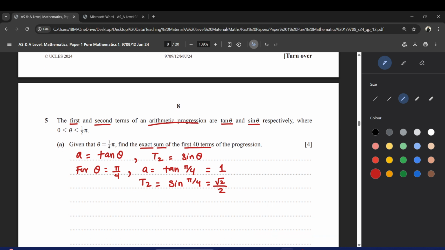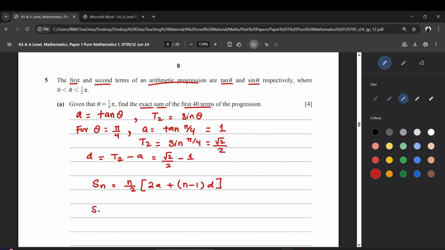Now in order to find the sum, we also need to find one more element in this formula, which is the common difference. So the common difference will be the second term minus the first term, so it would be root 2 upon 2 minus 1. So we'll just leave it in this form. Now the formula of sum is n upon 2 times 2a plus n minus 1 times d.